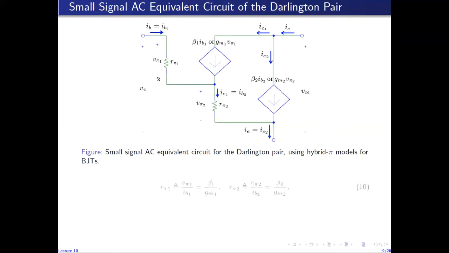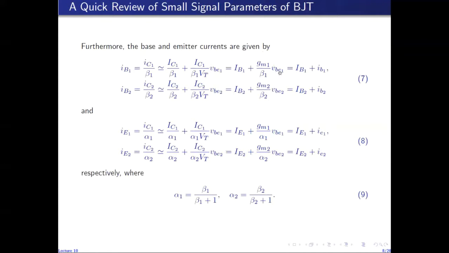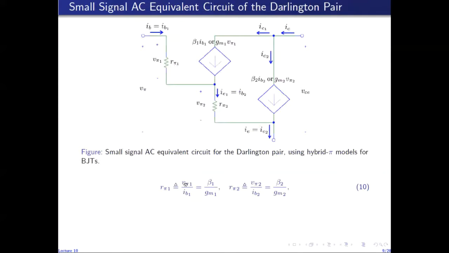So R pi 1 is the small signal resistance between base and emitter of the first transistor looking into the base, which is given by V pi 1 over IB1. V pi is the voltage across R pi 1. V pi is actually VBE. So VBE over IB, since this term is equal to IB, is equal to beta over GM. So VBE over IB is defined as R pi and it is beta over GM.